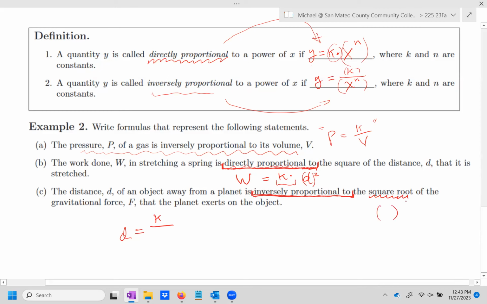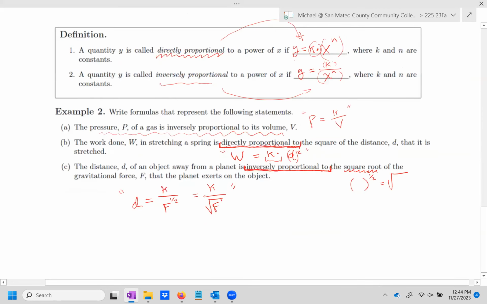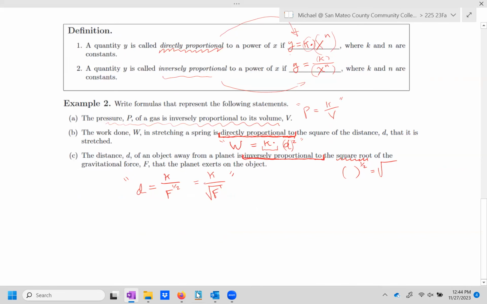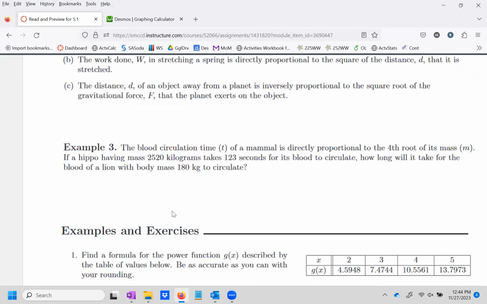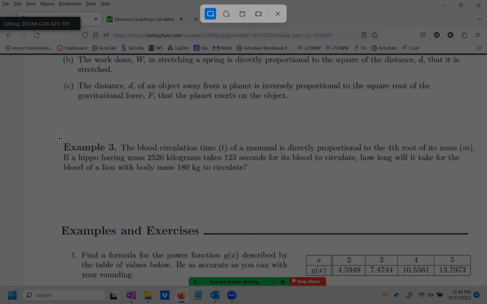Square root means to the 1/2 power, so this is f to the 1/2, which is also equal to K over the square root of f. So that's how we translate these things. Power functions arise a lot from physics. These are all physics examples. They don't all have to be, but this is a basic piece of literacy that comes up a lot. Now let's do one with a hippo.